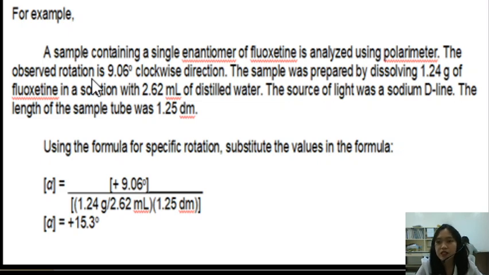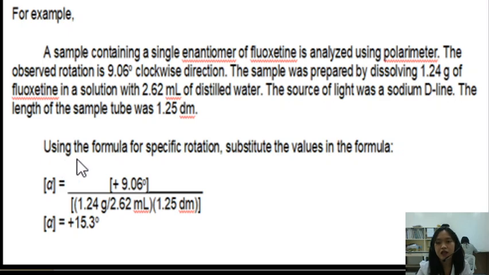So, clockwise. The sample was prepared by dissolving 1.24 grams of fluoxetine in a solution with 2.62 milliliters of distilled water. So again, ang ginamit niya na solvent is distilled water. The source of light was a sodium D line or yung sodium lamp natin. So the length of the sample tube was 1.25 decimeter. So nandito na lahat yung given values for the formula.